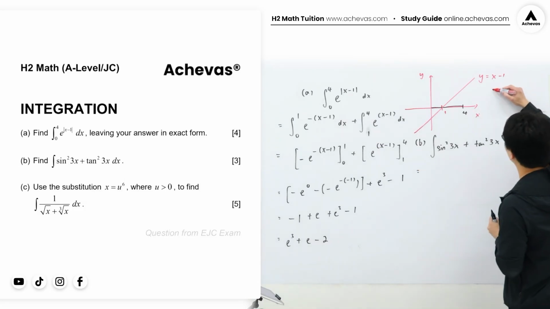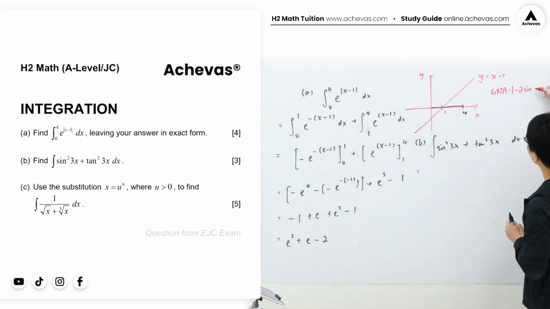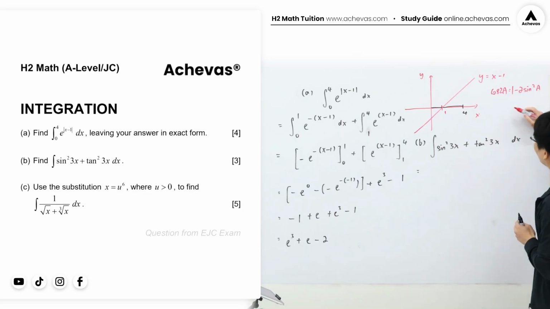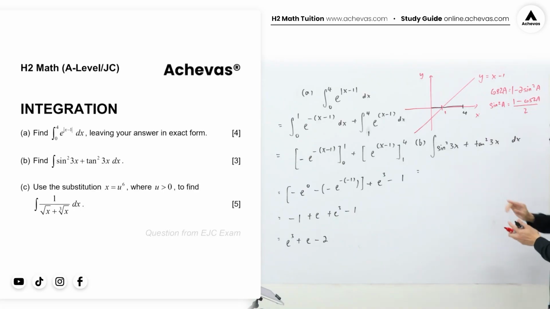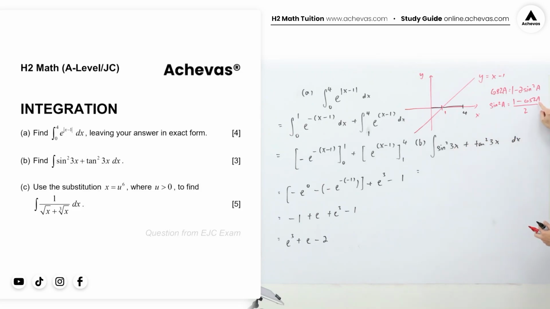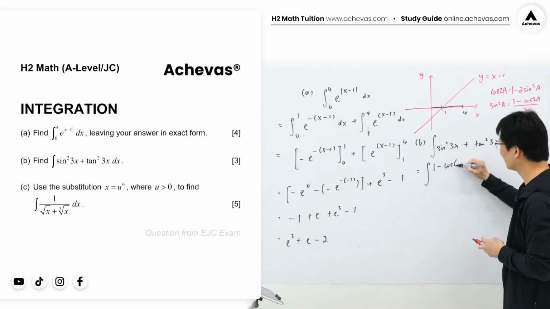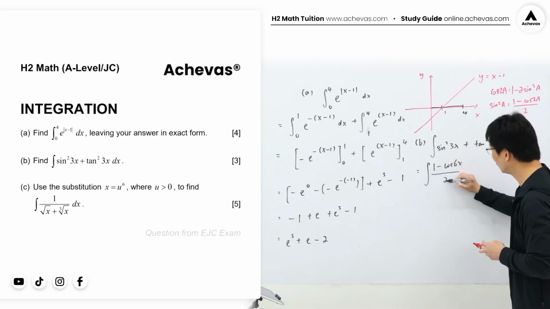We know that cosine 2a is equal to 1 minus 2 sine squared a. If you make sine squared a the subject, I will have 1 minus cosine 2a over 2. In this case, since the a here is 3x, I will be expecting to get a 6x instead. So I will have 1 minus cosine 6x over 2.